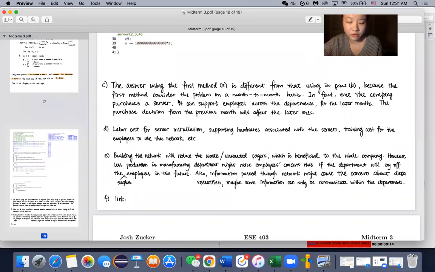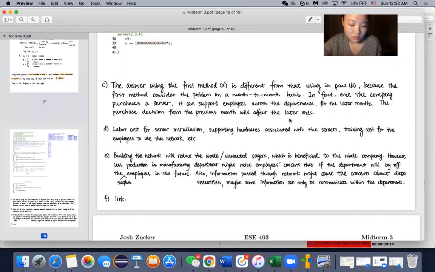Question 3 asks what the difference is between part A and B. The two methods are different because one is on a month-to-month basis, and the other one is over the entire purchase period, like the total months. So, as I said before, if you purchase a powerful server, it can support employees across the departments for the later months, which means that the purchase decision you make in the first months will affect the later ones.